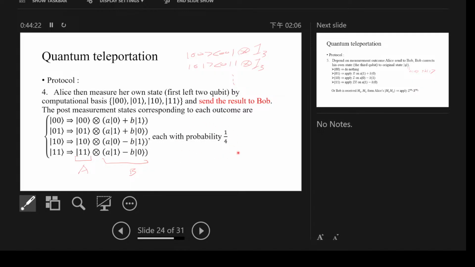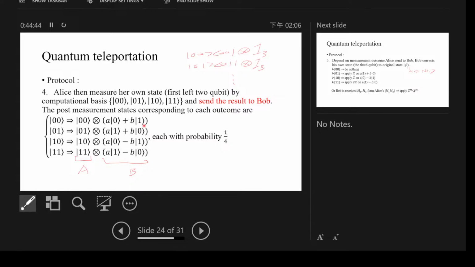And this doesn't depend on our unknown state, so that's nice. And Bob will have the corresponding 4 different states. So we know already that with 1 over 4 probability, our protocol can just end here. If Alice got 0, 0, Alice can just tell Bob, oh, I got 0, 0, and now you have the unknown state.